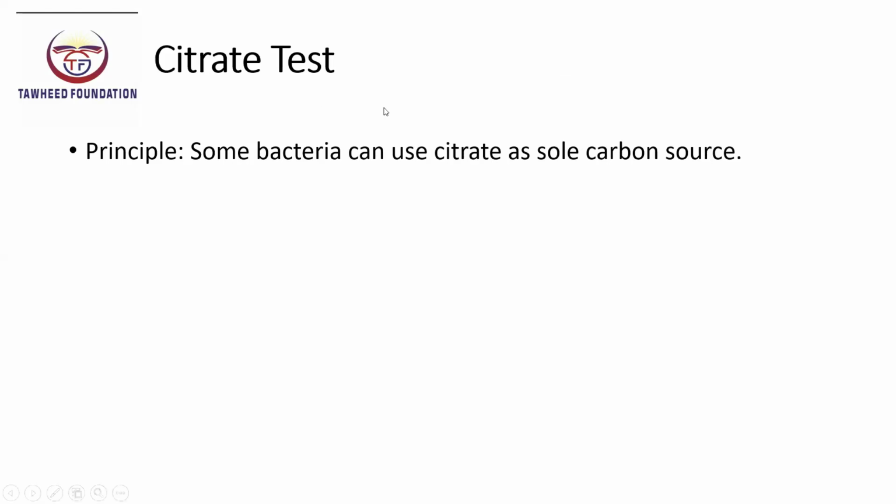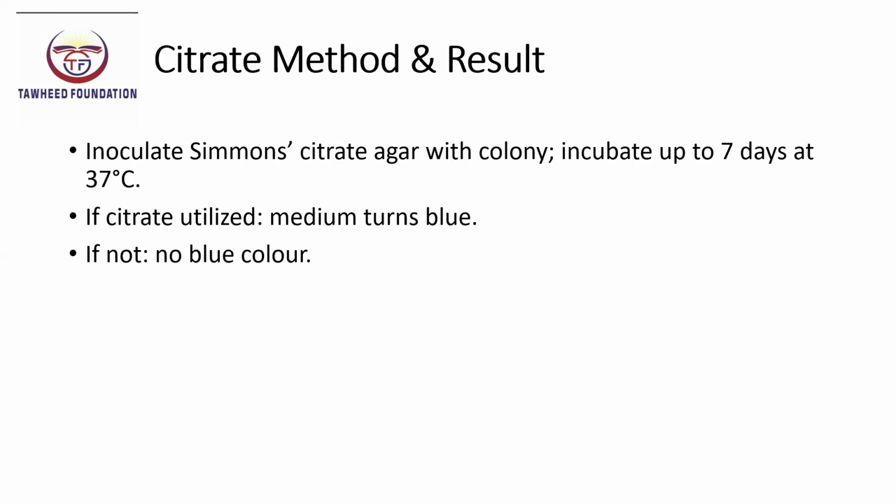Next is the citrate test. The citrate test determines the ability of bacteria to utilize sodium citrate as the sole carbon source and ammonium salt as the sole nitrogen source. Bacteria possessing the enzyme citrate permease can transport citrate across their cell membrane. Citrate is metabolized to oxaloacetate and then further broken down into pyruvate and carbon dioxide, CO2.